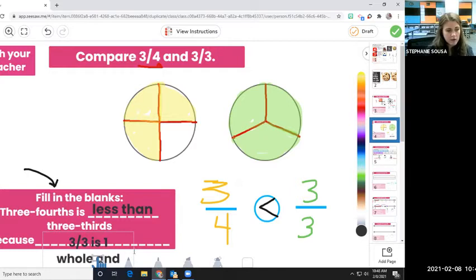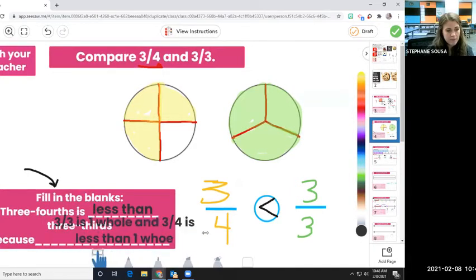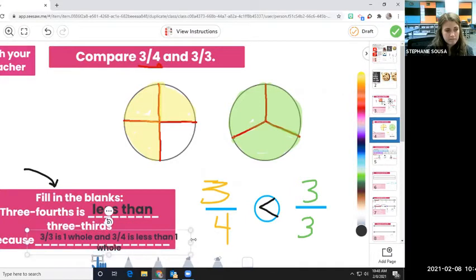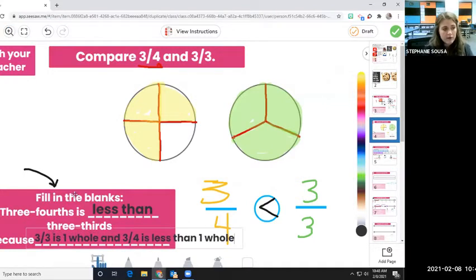I got to make that a little bit longer here so we can see it. Okay. So our math vocabulary here is the word whole, the word less, and then our numerators and denominators.